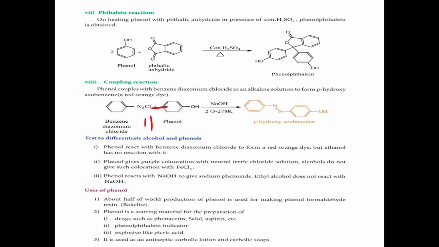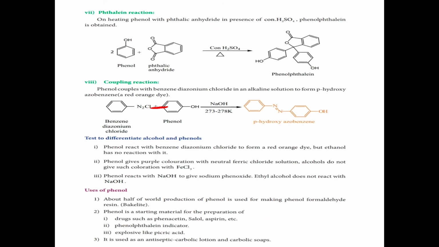The two benzene rings remain as they are. Just add, HCl is removed, with the H from the phenol combining with the Cl, and you get para hydroxyazobenzene.